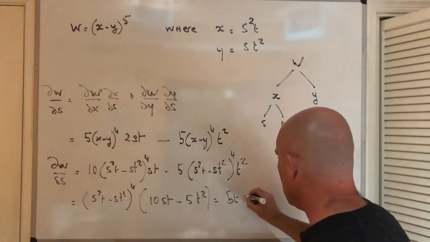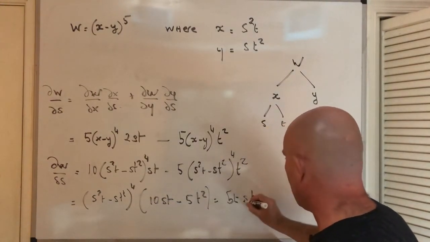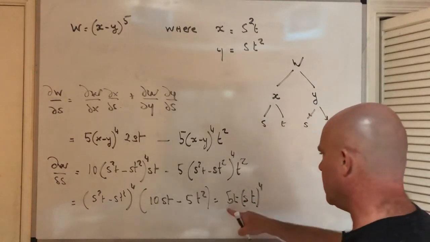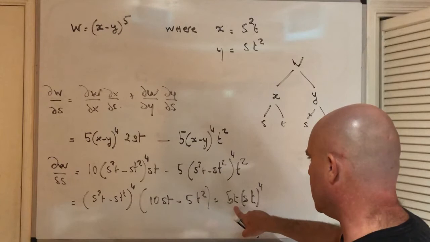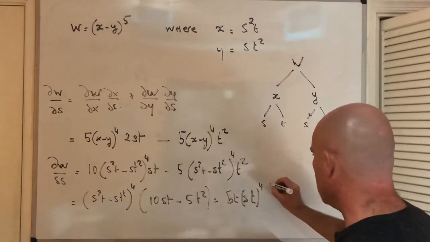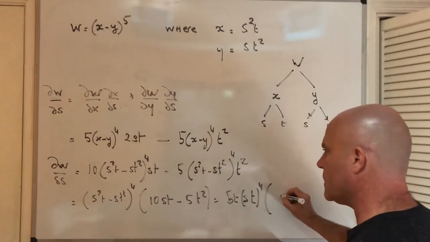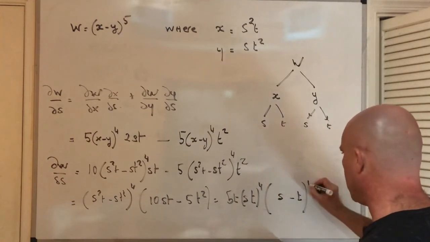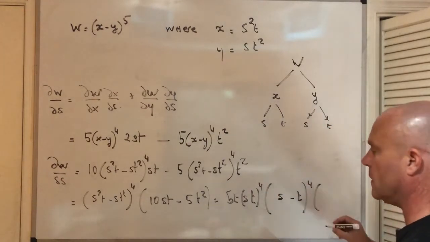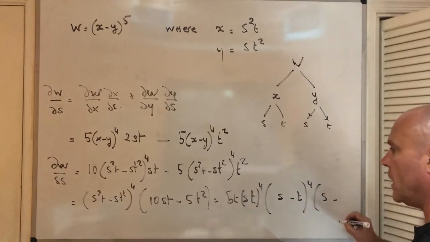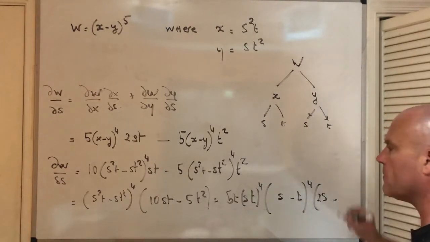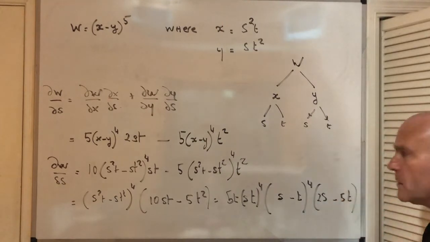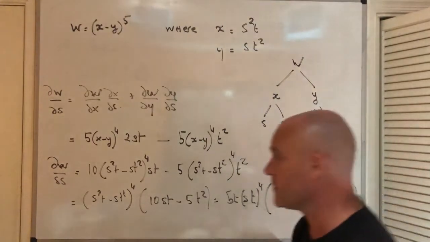So this is going to be st to the power 4. Then the factor 5 I give here, and then the t here, times, what is it? S minus t to the power 4, and times, finally, 2s minus 5t. And that's the best thing I can do by means of simplification.